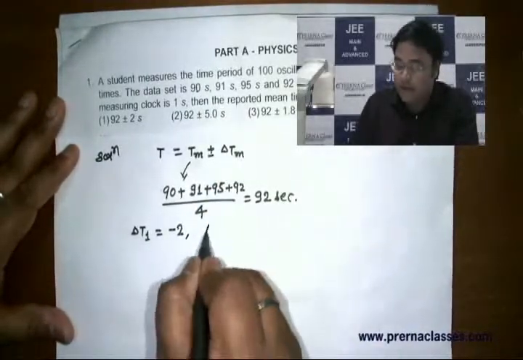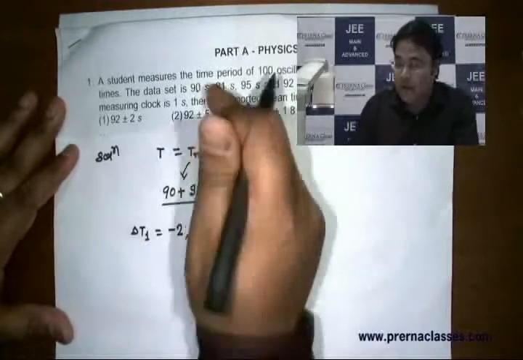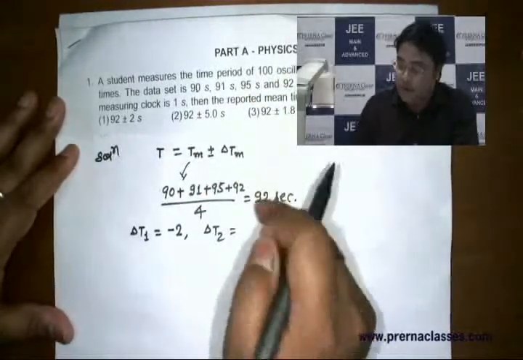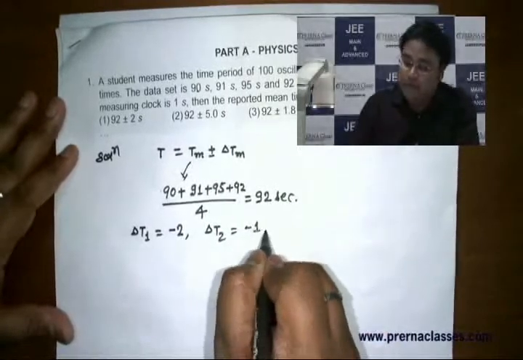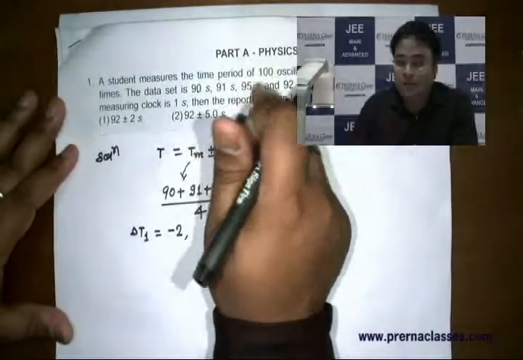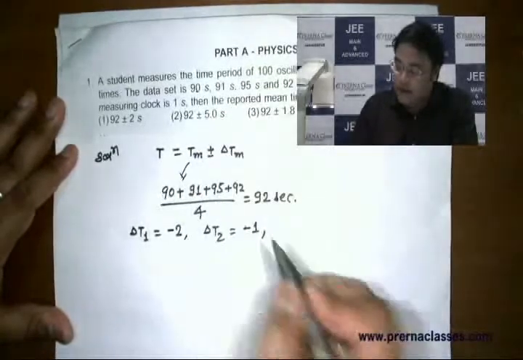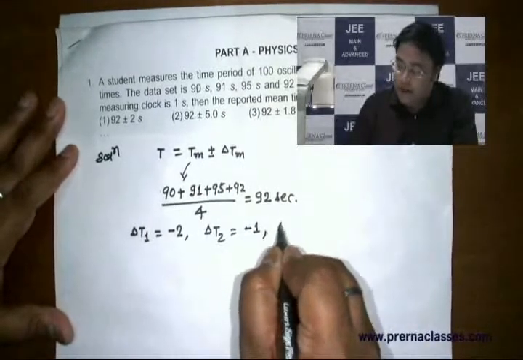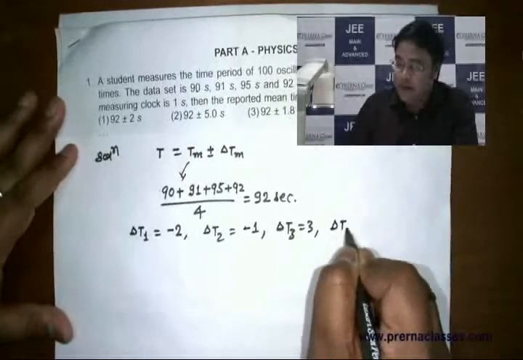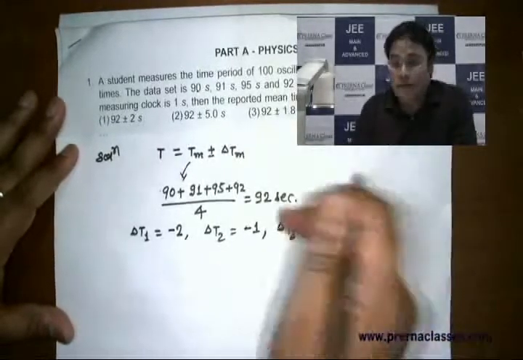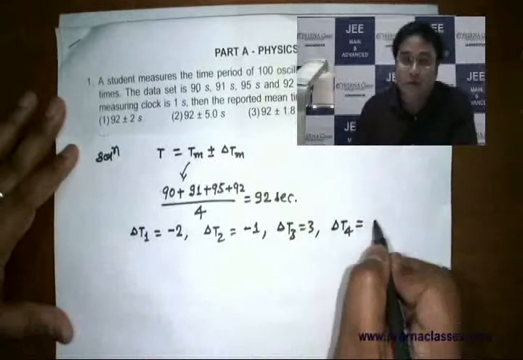For the second measurement, since it is 91 and the mean is 92, you may write it as -1. The reading of the third measurement is 95, so you may write it as 3. And the reading of the fourth measurement is 92 and the mean value is 92, so delta T4 is 0.